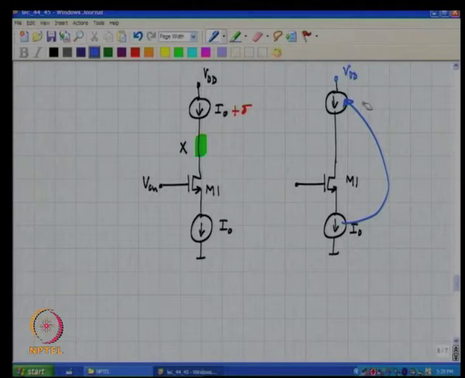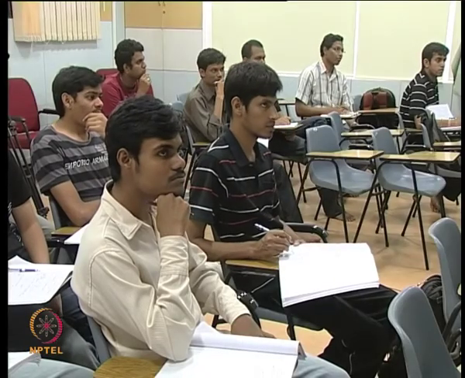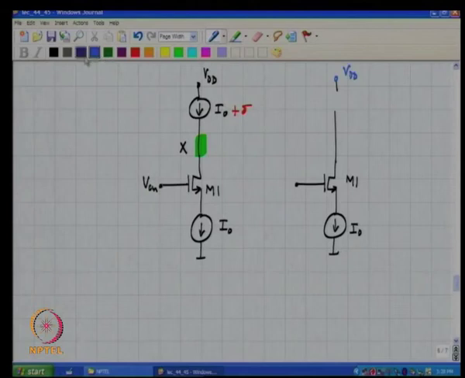And so, basically what we need is a variable current source, because it has to be dependent. So, what is the simplest variable current source you can think of which will push current down? What is the simplest? I mean, you need a variable current source here, and it must push current down.